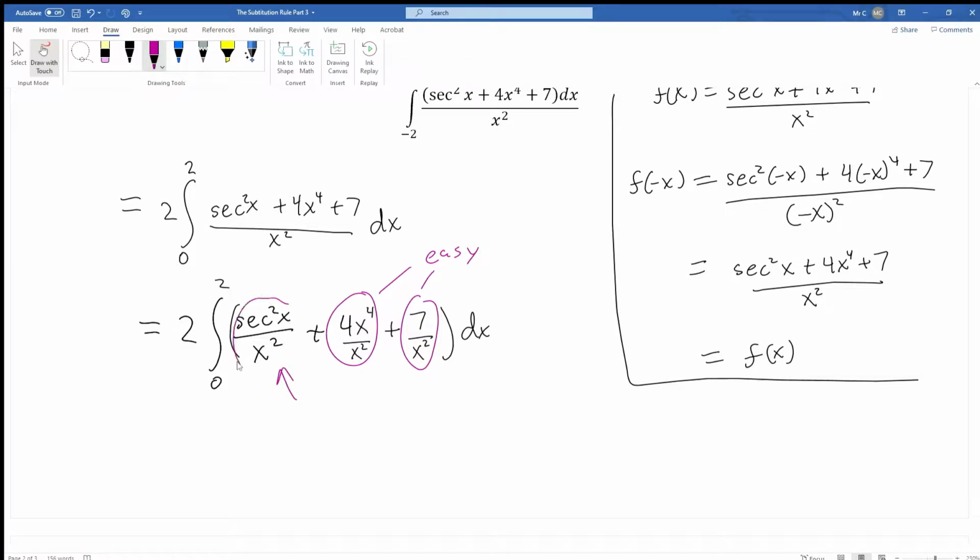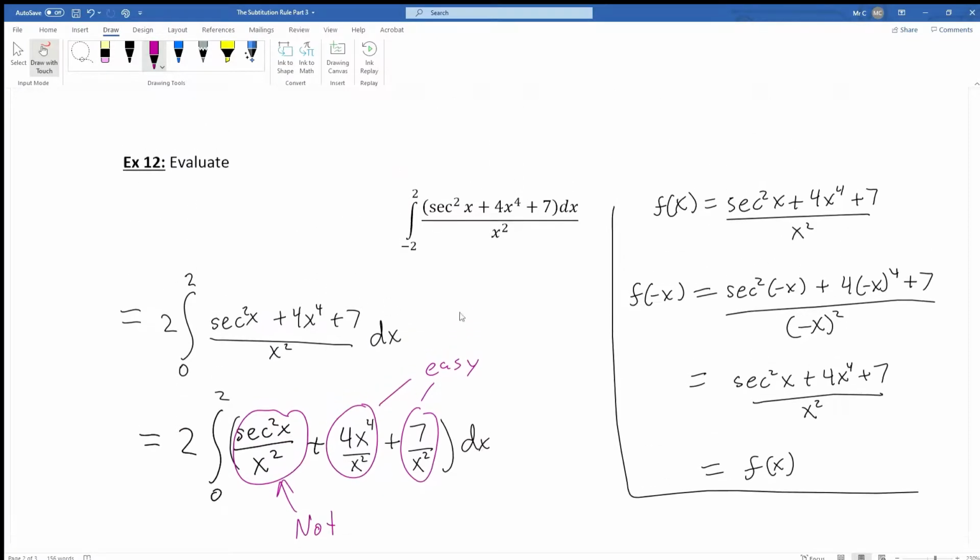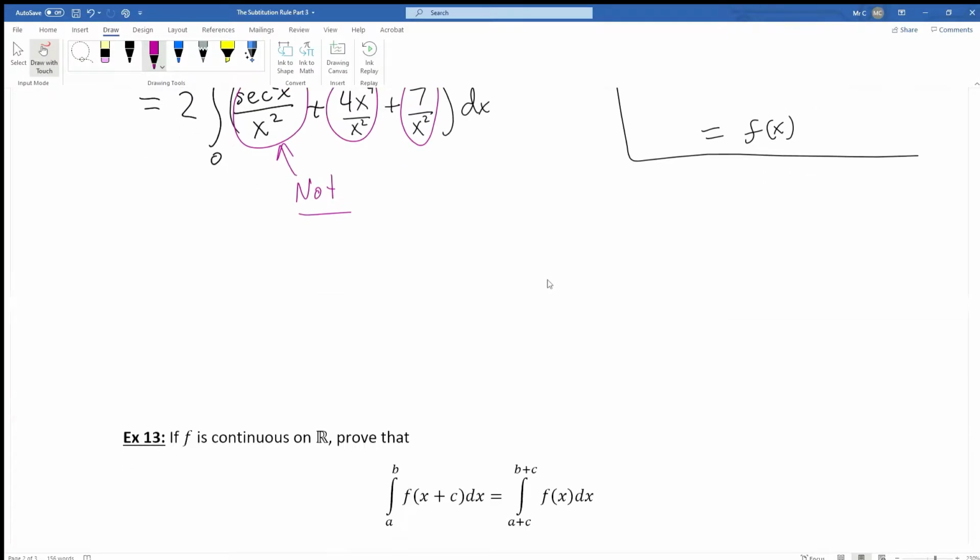This is not. In fact, we don't have any real tools at this level to deal with this kind of thing, so don't even worry about it. But I just wanted to demonstrate checking that this was an even function and applying that property.